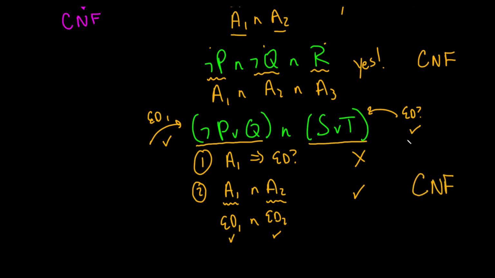Let's look at some examples of formulas that are not in conjunctive normal form. So let's take a look at the formula P right arrow Q. Now we could of course ask ourselves the two questions. First, is this an elementary disjunction? The answer to that would be no, because it's not a literal, and also it is not a disjunction of literals.